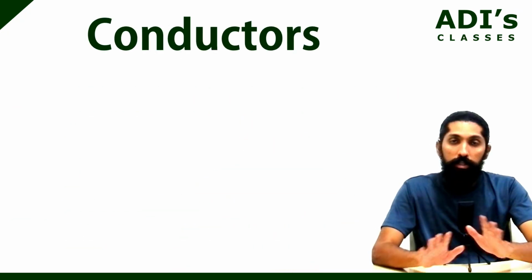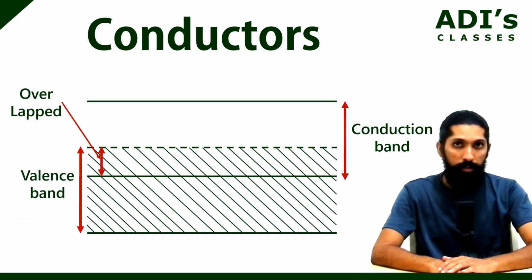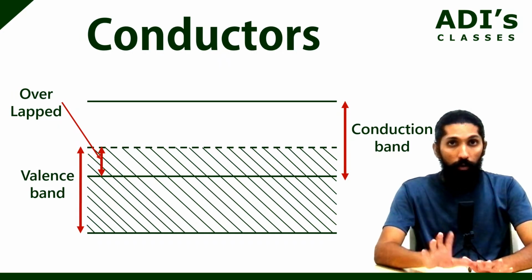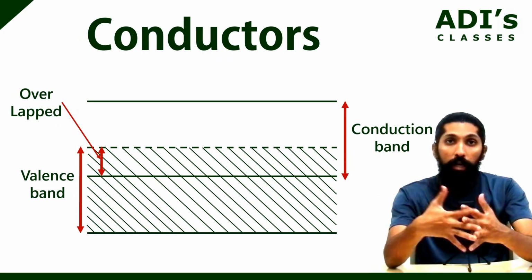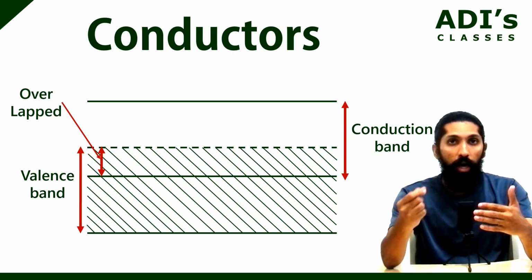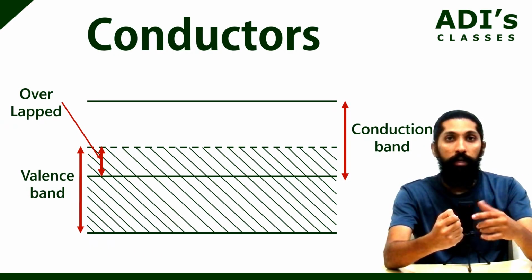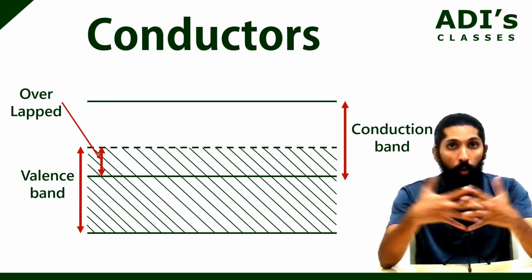For conductors, look at this figure. You have the conduction band and the valence band, and they are overlapping each other. Overlap means that when you have an electron in the valence band, it will directly go to the conduction band, because both of them are overlapping.